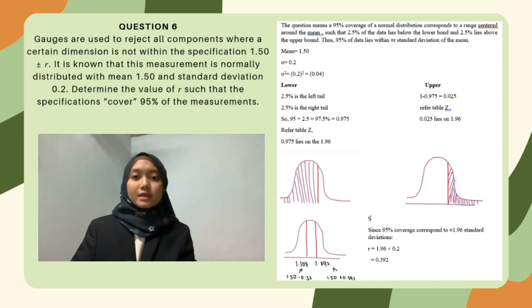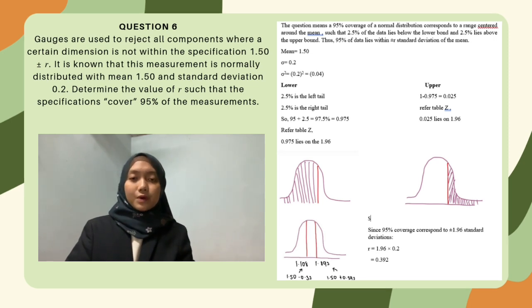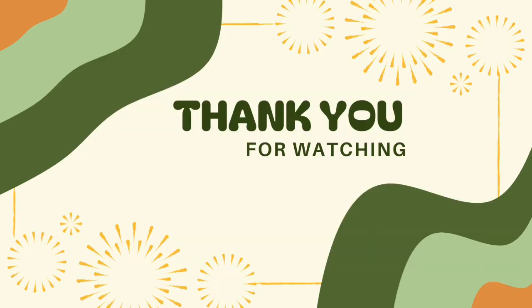Or we can use another solution, which is 1 minus 0.975, so we got 0.025. Refer to table Z, and 0.025 lies on 1.96.